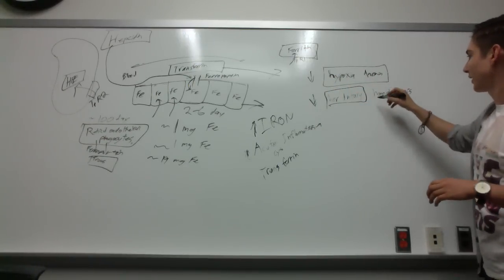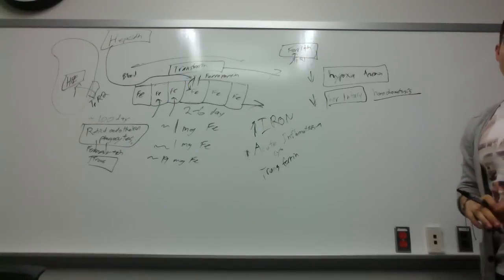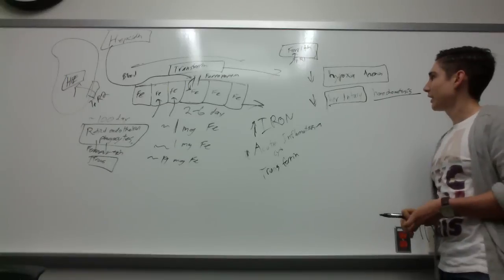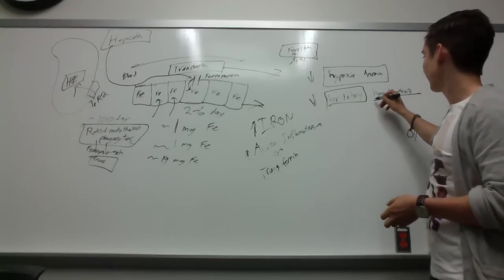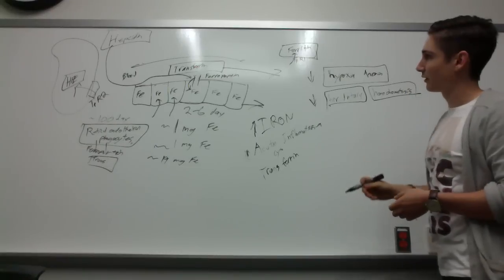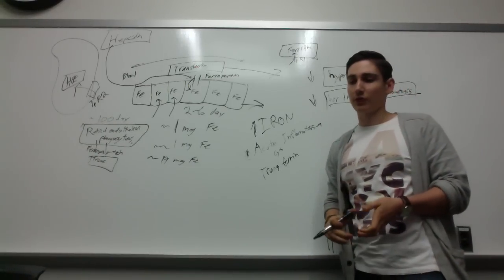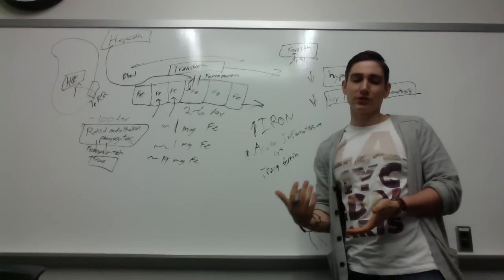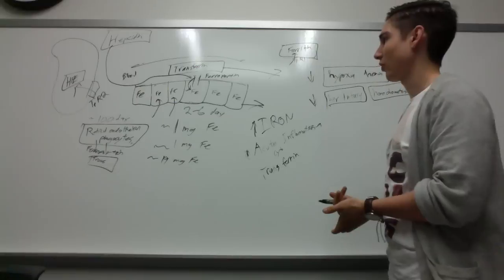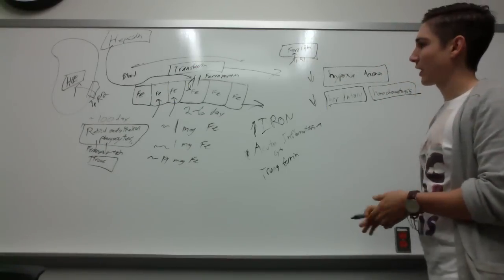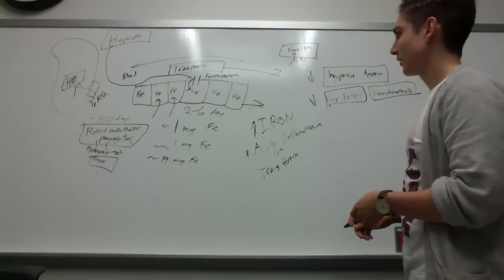And it's caused by excess iron overload. And basically there's usually a mutation in the hepcidin molecule, there's a deletion or something, so that it's not actually transcribed. And so there's no regulation of iron uptake.